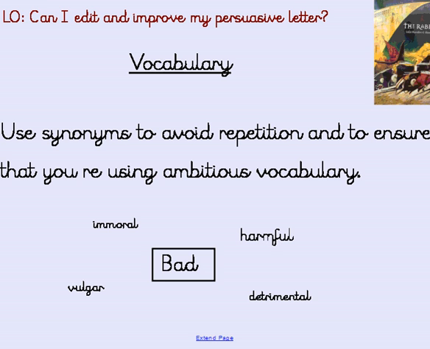So that's going to be up to you today to look through your work. Is the vocabulary that you've used the most effective, the most ambitious? Could you really challenge yourself? Maybe look back to the year 5-6 spelling list. Are there any words on there that you can use rather than maybe some of those lower level words that we might expect to see from a younger child's writing?